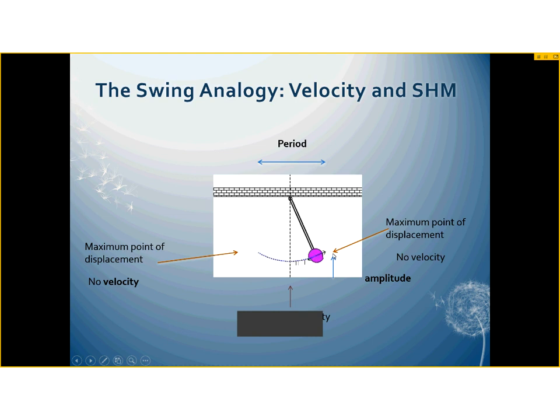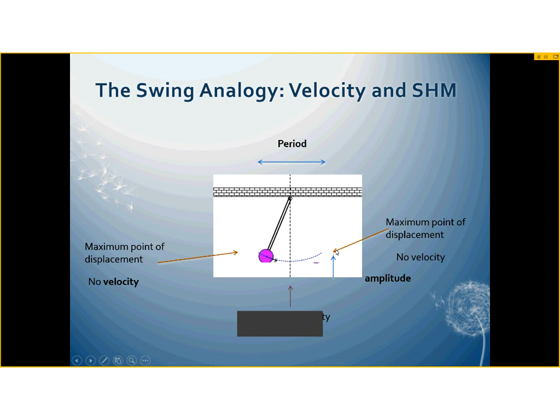When you get to the period where you momentarily stop, so you get to your maximum point of displacement, the point where the swing moves the furthest and stops, there's no velocity at that time, that millisecond, there's no velocity.